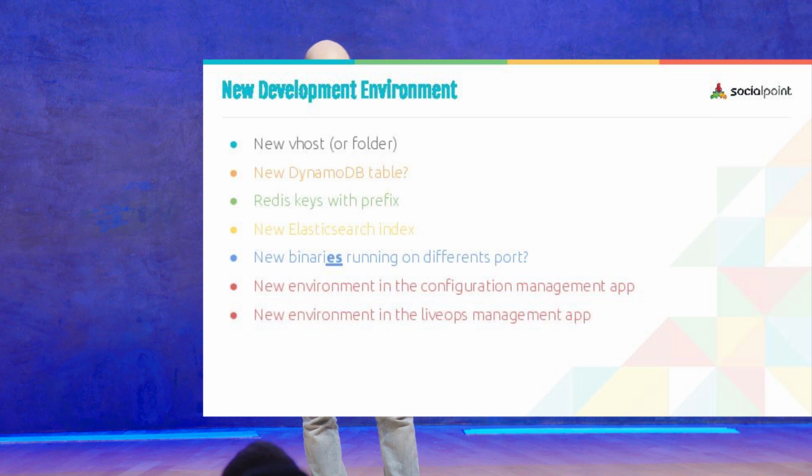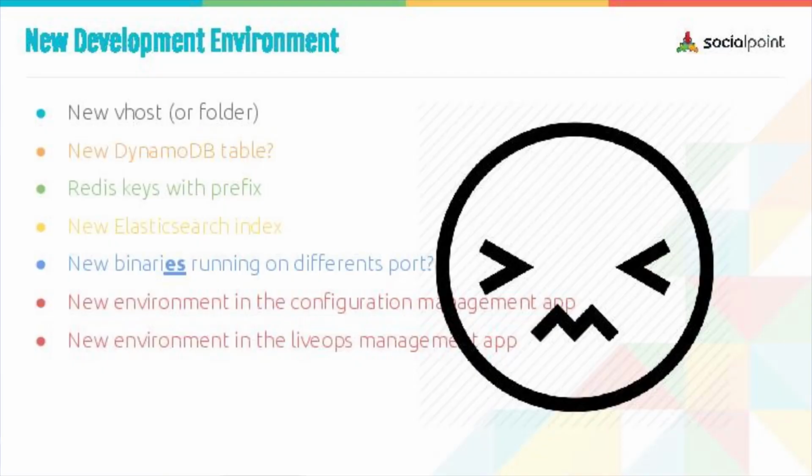So, new development environment: a virtual host with the DynamoDB table, the prefix for the Redis keys, the new index in Elasticsearch. We now have multiple binaries on different ports that we have to manage, and also the configuration management application and the live-ops management application need to know about this new environment. Well, that obviously doesn't scale.